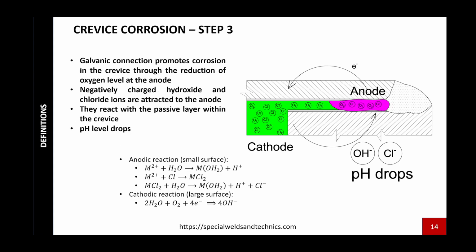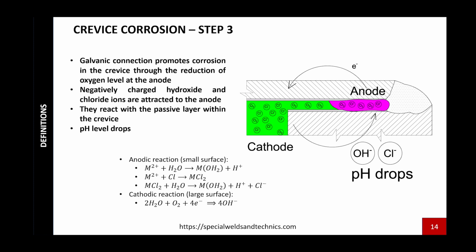The previously mentioned galvanic connection promotes corrosion because the negatively charged hydroxide and chloride ions are migrating from the cathode to the anode, and in the meantime from the anode the electrons migrate to the cathode, and we have this loop, this corrosion loop.